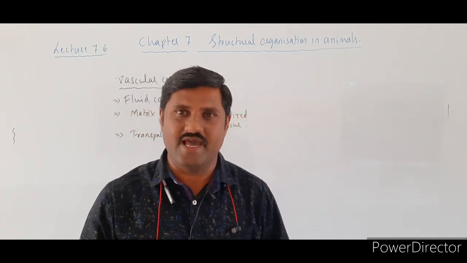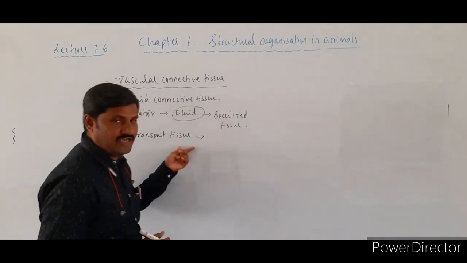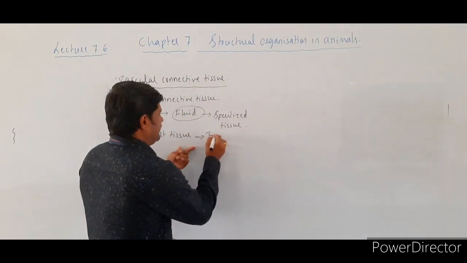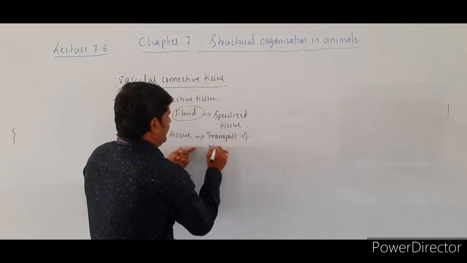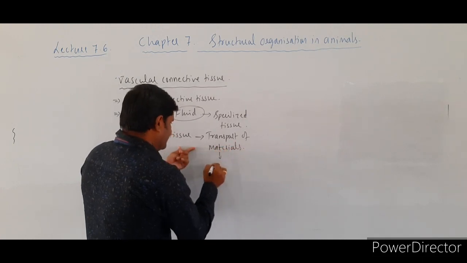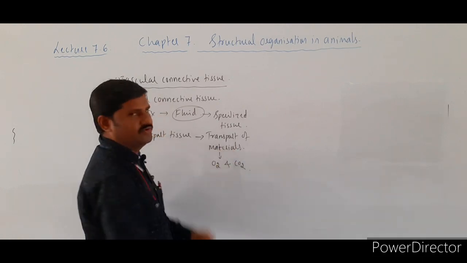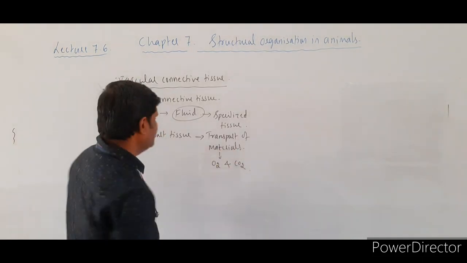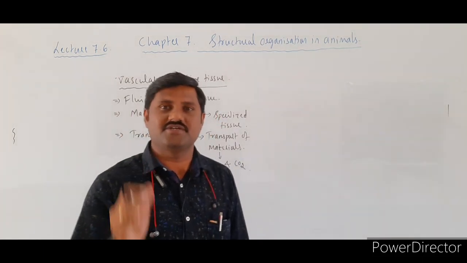Hence it is one connective tissue which is also known as transport tissue, which helps in transportation of many materials. For example, the respiratory gases like O2 as well as CO2 it carries. So this way it is mentioned to be a transport tissue.